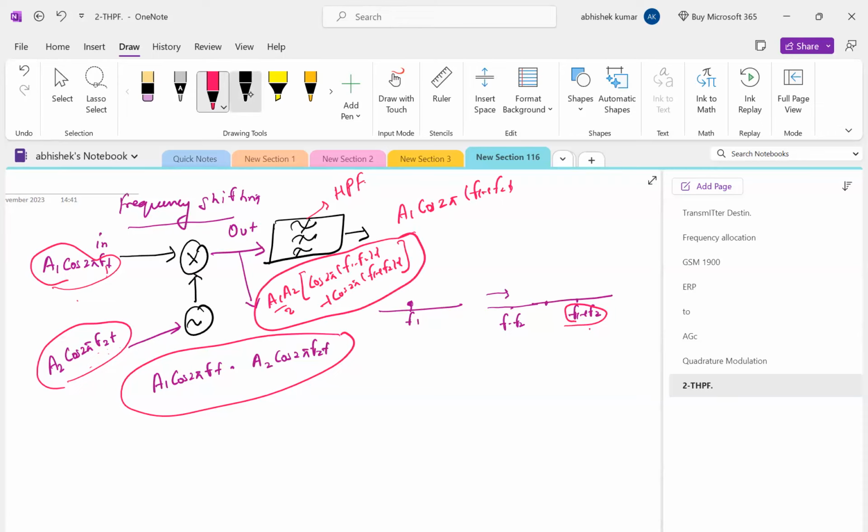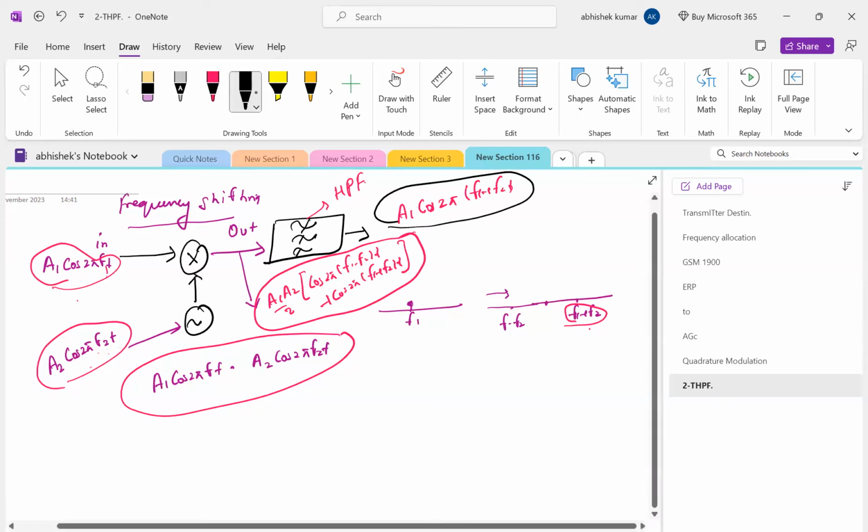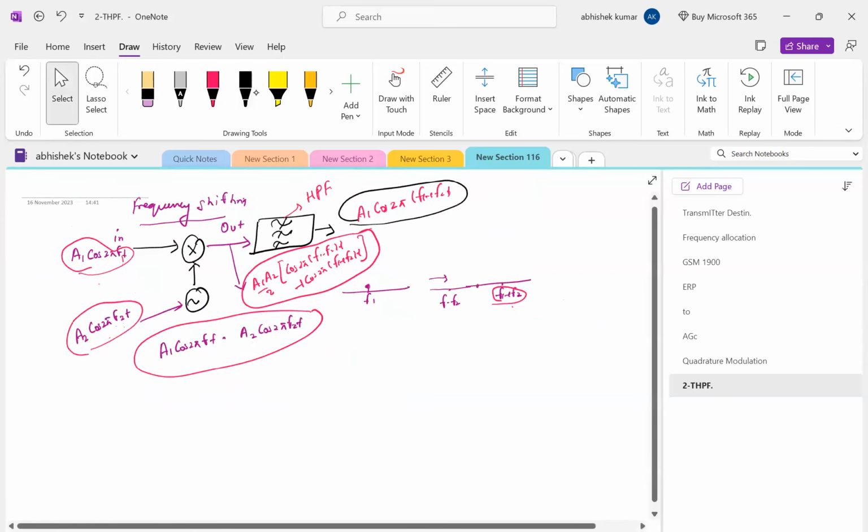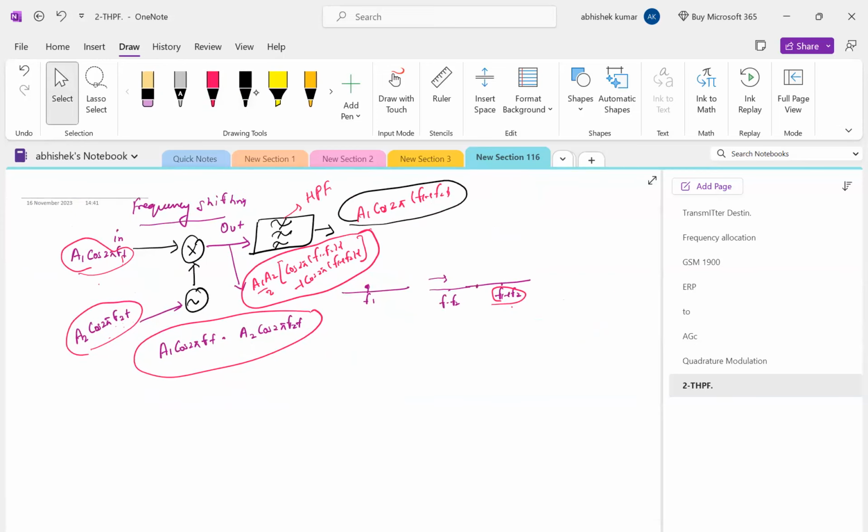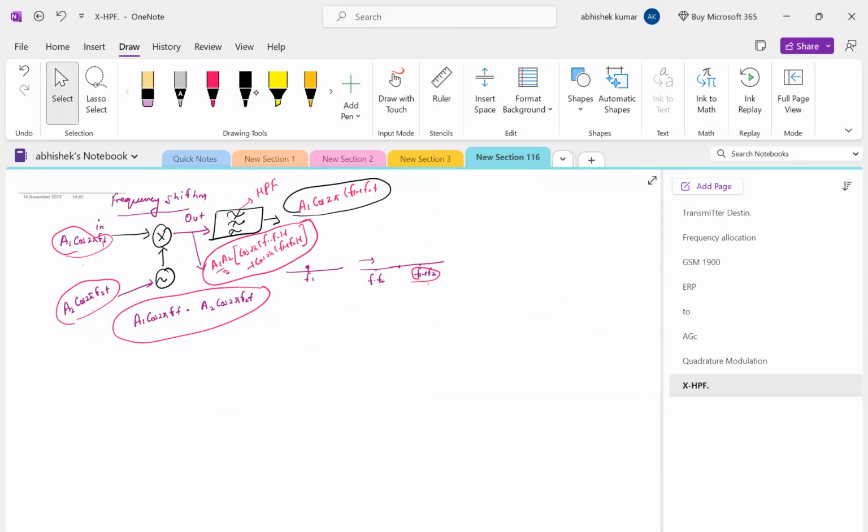Now we can move a signal to a different frequency.